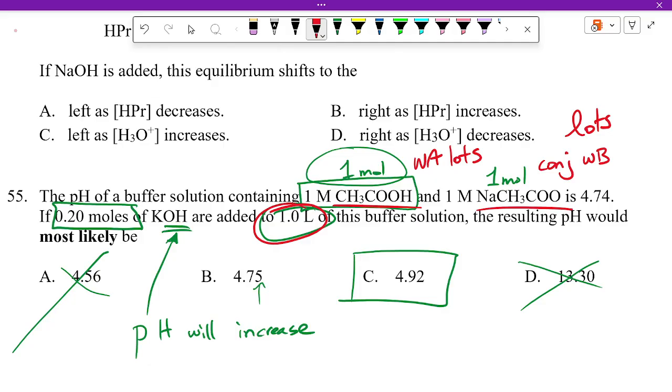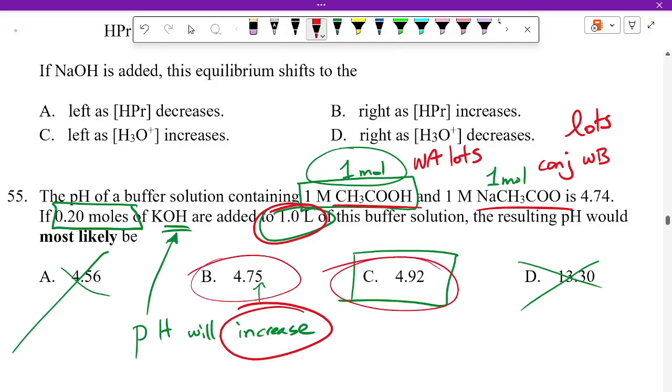So the pH is going to rise. So it has to be either B or C. Which one seems like a more reasonable increase, given that we have now reacted 20% of the acid? I would think it would be that one. Yes? Yeah, because the other one is such a small, 0.01 change.